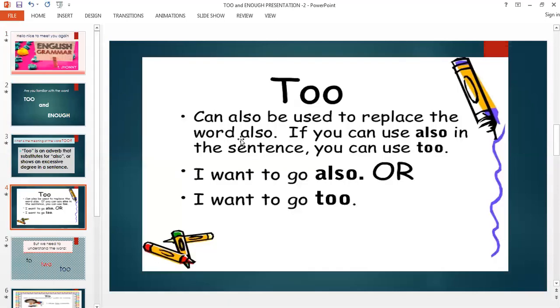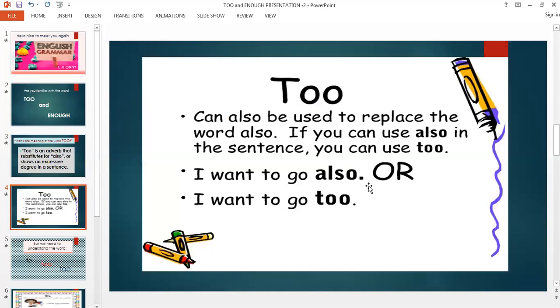"To", as I've said a while ago, can also be used to replace the word "also". So if you don't want to say "to", you can say "also". If you don't want to say "also", you can say "to". In these examples, I want to go also, or I want to go too.